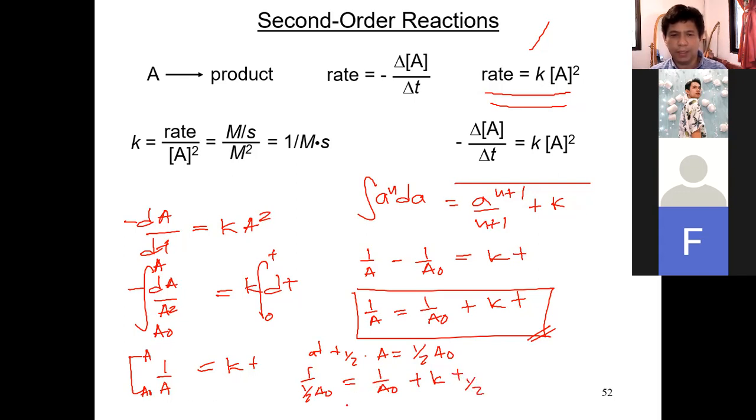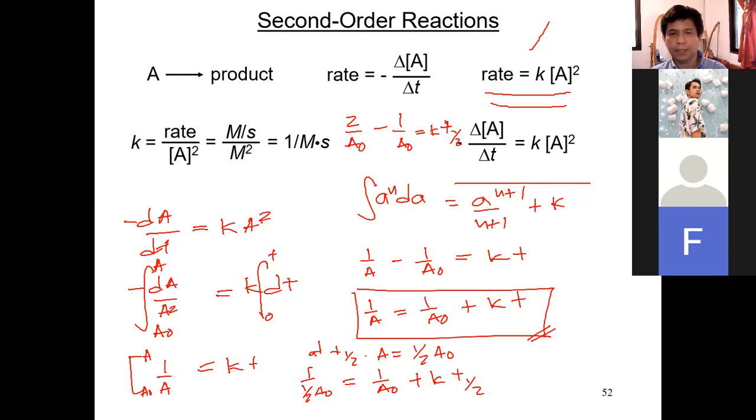So, pag ni-rearrange nyo to, you will have something like 2 over A sub O. Tapos ito i-transpose sa kabila itong 1 over A sub O, minus 1 over A sub O is equals to K t 1/2.